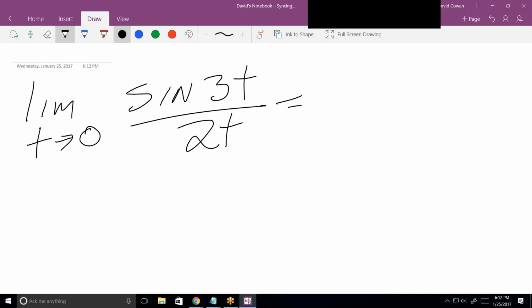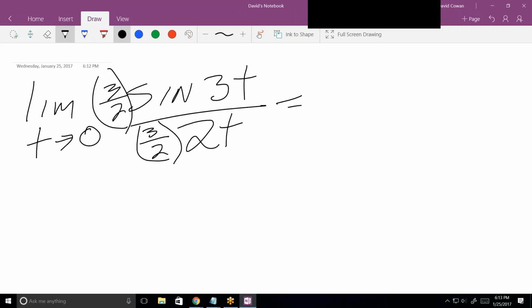So what do I need to multiply the denominator by in order to turn it into 3t? If I multiply the denominator, I've got to multiply the numerator.